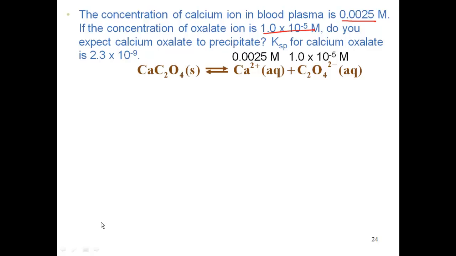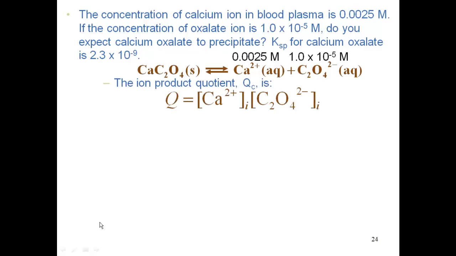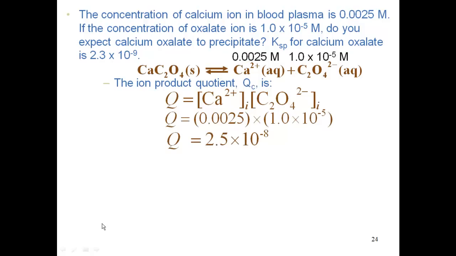Then I write the Q expression, which is the concentration of calcium to the first power times the concentration of oxalate to the first power. Then I plug in those concentrations, which gives me Q equal to 0.0025 times 1.0 times 10 to the negative fifth, so Q is equal to 2.5 times 10 to the negative 8. Now I take this Q and compare it to Ksp.